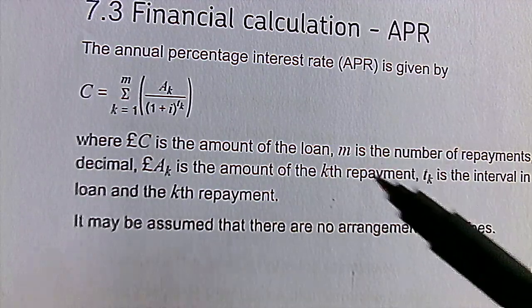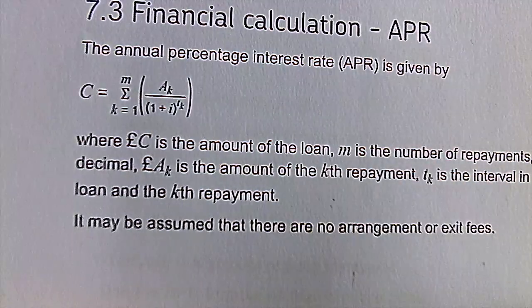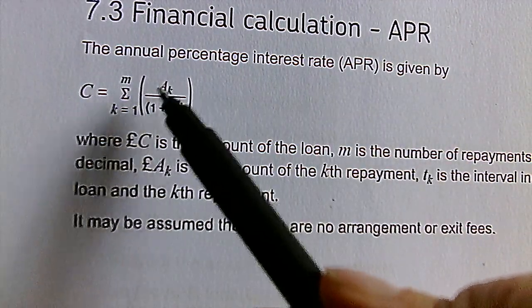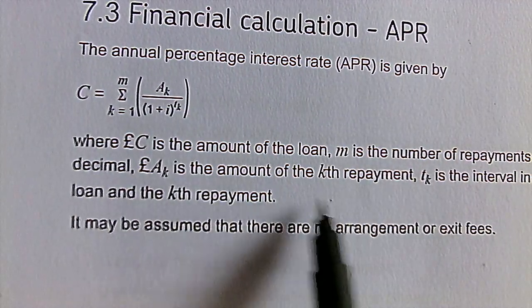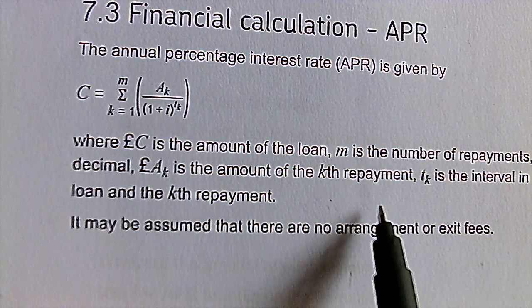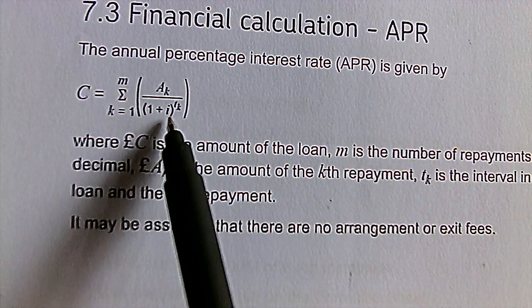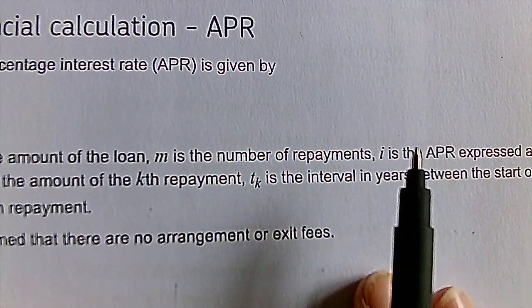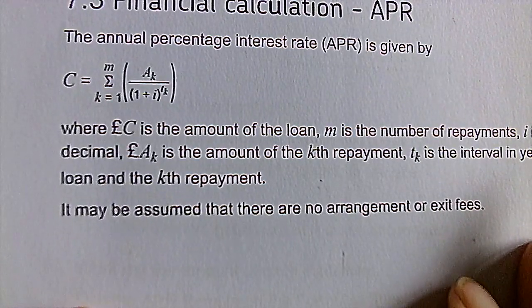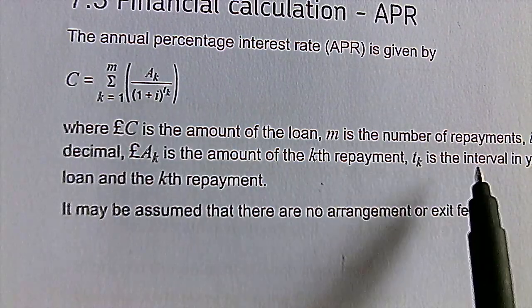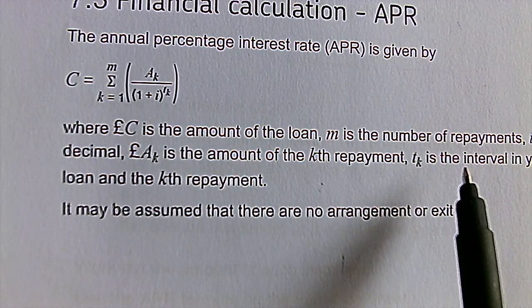M is the number of repayments, so we're going to have one fraction for each payment. In the top of the fraction, this AK is the amount of the kth repayment. In the bottom we've got I, which is the APR expressed as a decimal. And we also have TK, which is the time in years between the start of the loan and the repayment.